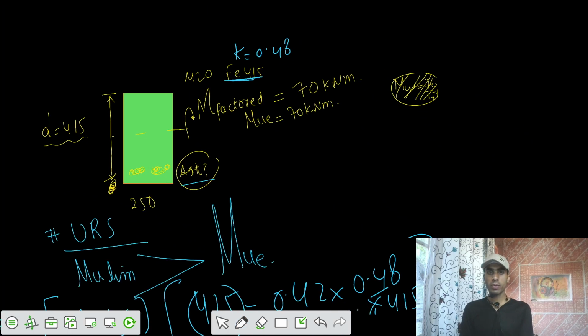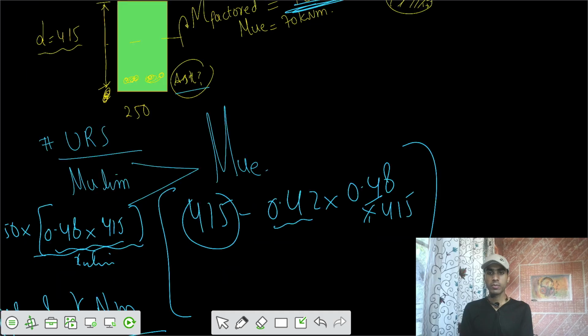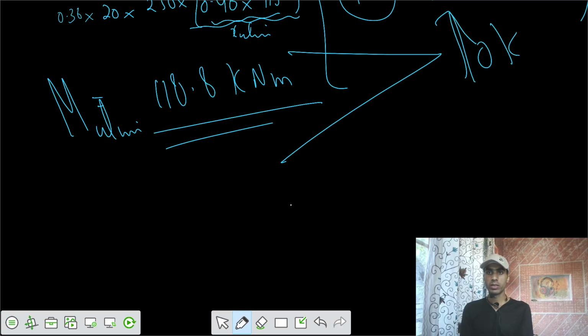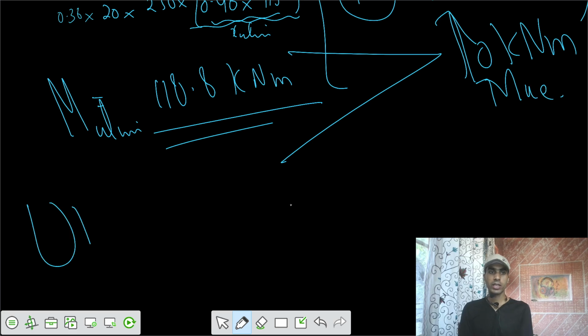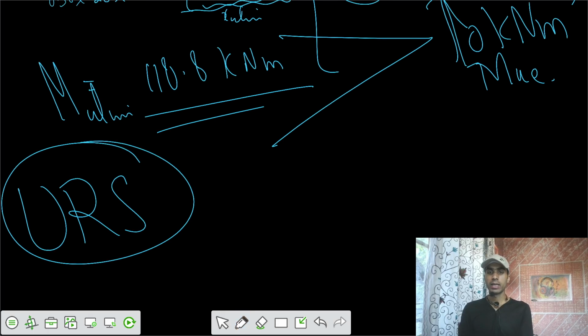So what is the external factored moment you're applying? That's only 70. So your limiting moment of resistance is more than 70 kilonewton meter. That's MU external. So I would say the section is an under reinforced section. So the area of the steel corresponds to the actual factored moment you are applying.